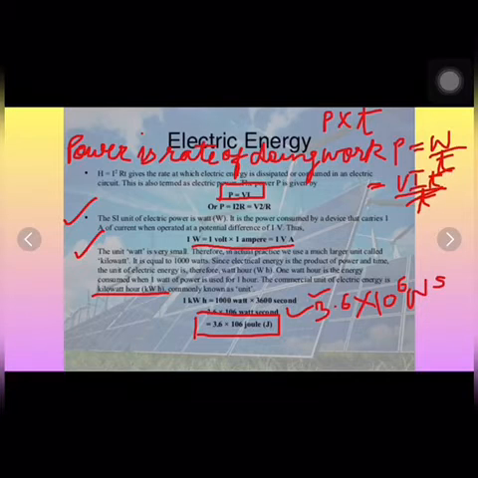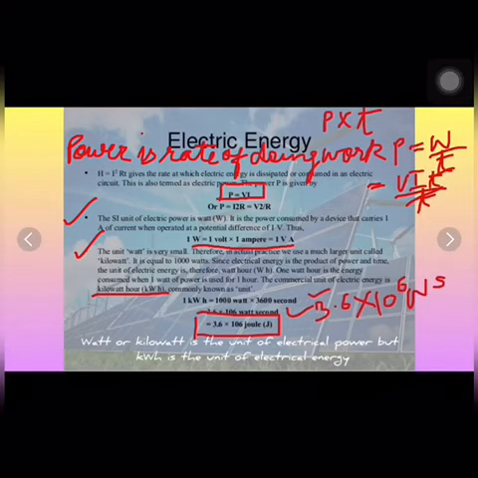So from the discussion we conclude that 1 kilowatt hour is equal to 3.6 into 10 raised to the power 6 joules of electrical energy. And here one thing should be noted, that watt or kilowatt is the unit of electrical power, but kilowatt hour is the unit of electrical energy.